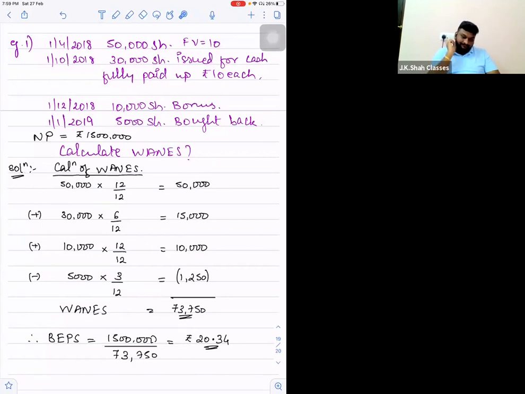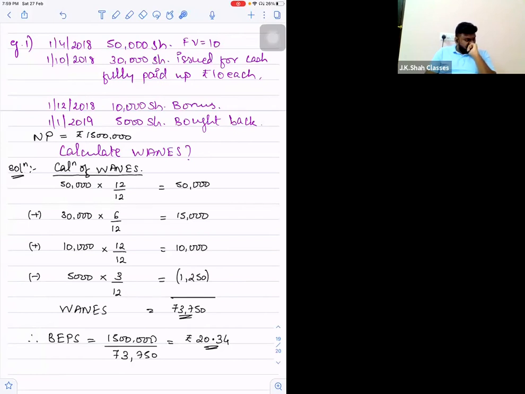Yes, Ritika. So, for the second point of the question, 30,000 shares issued for cash fully paid up for rupees 10 each, no, sir? Then you have done the calculation as 30,000 into 6 by 12. How is that 6? Couldn't understand that 6, sir. Madam, what is the time period? Calculate the time period from 1st October to 31st March. How much is it?